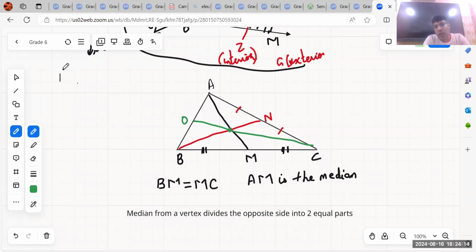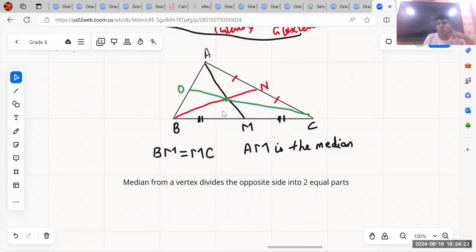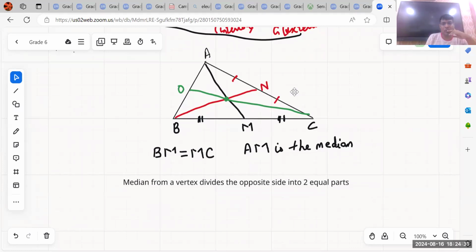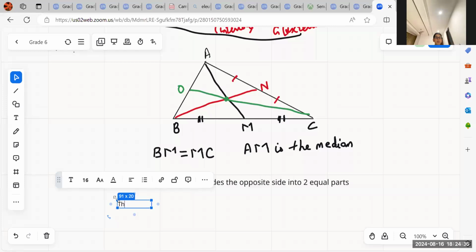Now there is a special name for this point also, where all the 3 medians intersect. So what is it called? Anyone know? Point of intersection. The intersection point. No. So what if there's another median?